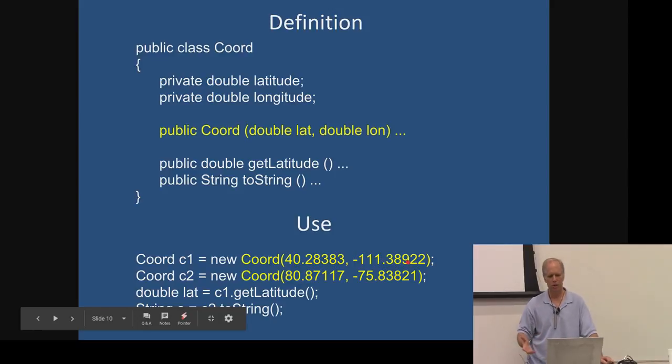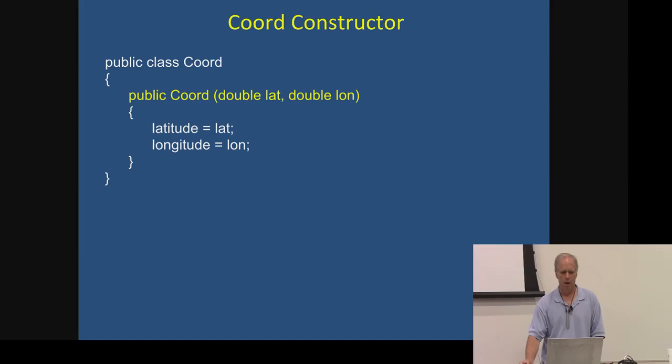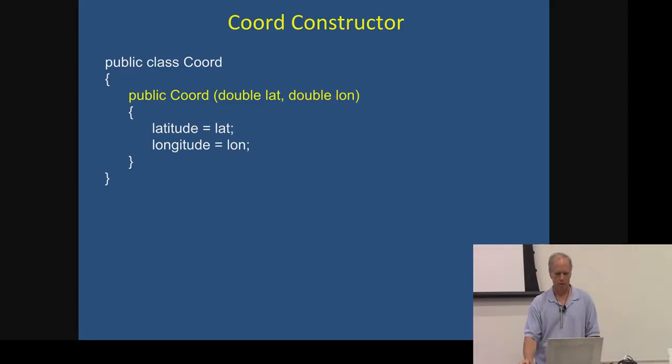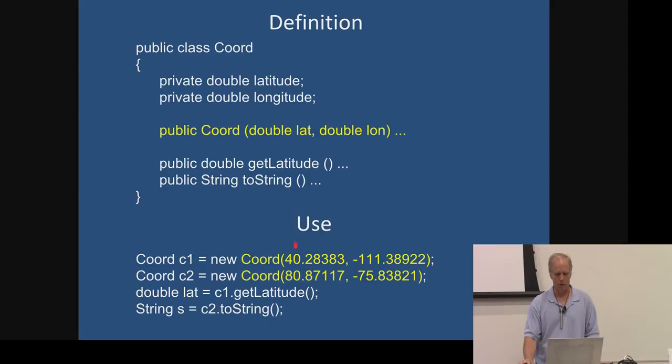That's being passed, just like you're calling a method. Those values are passed to the constructor. So those two numbers are lat and lon. So in that respect, it's a lot like a method call. If you did not have that constructor there, you would not be able to pass anything in. If I did not have this constructor here, I couldn't do this. To do this, there has to be a 2-parameter constructor that takes 2 doubles.